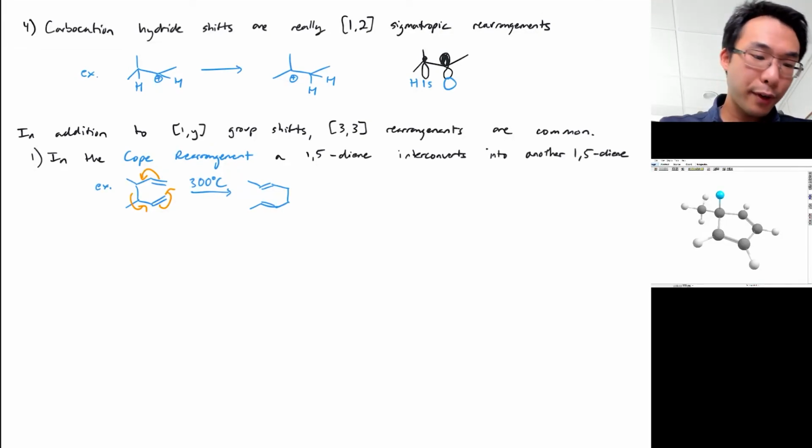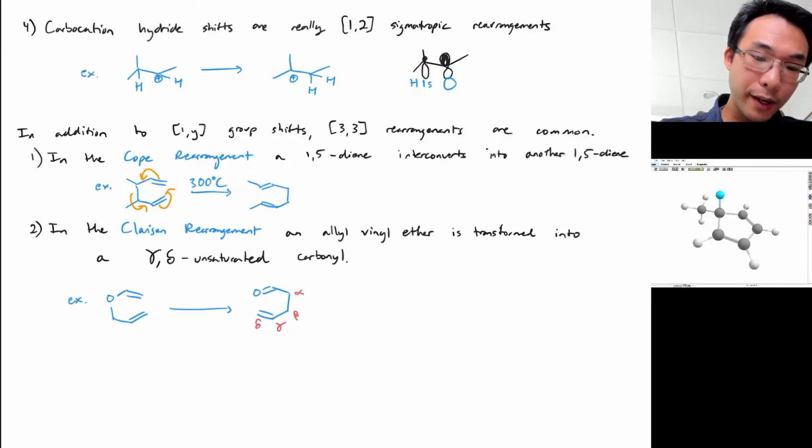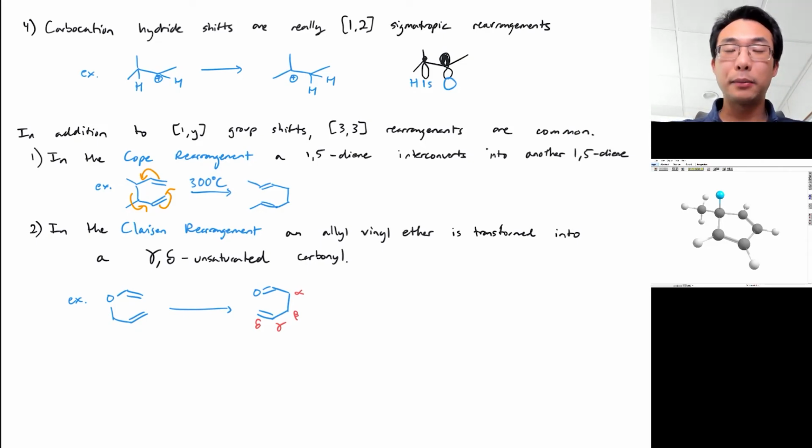The next 3,3 rearrangement we'll look at is the Claisen rearrangement. The name is a little bit confusing because there is a Claisen condensation that was discovered by the same person, Claisen, but this is a different reaction because this is a pericyclic reaction.